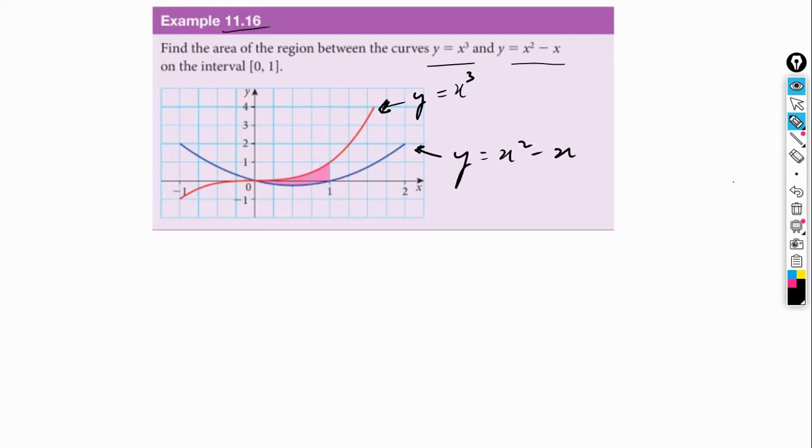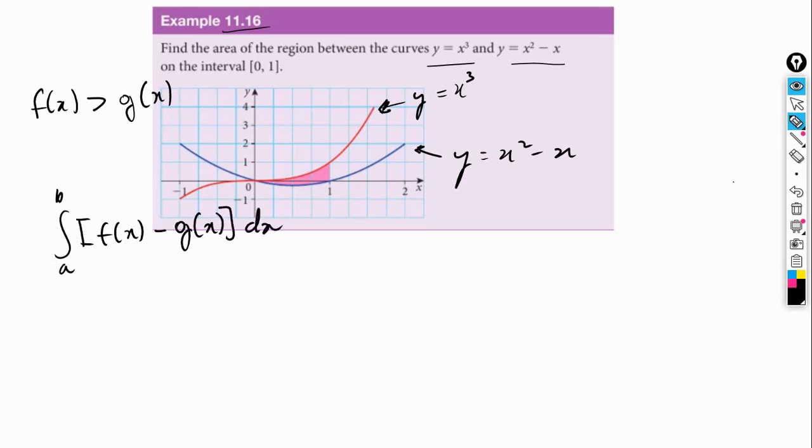So the rule is when you want to find the area between curves, you have to integrate from a to b, whatever a and b are, top curve. So let's say if f of x is greater than g of x, then it's going to be the top curve f of x minus g of x.